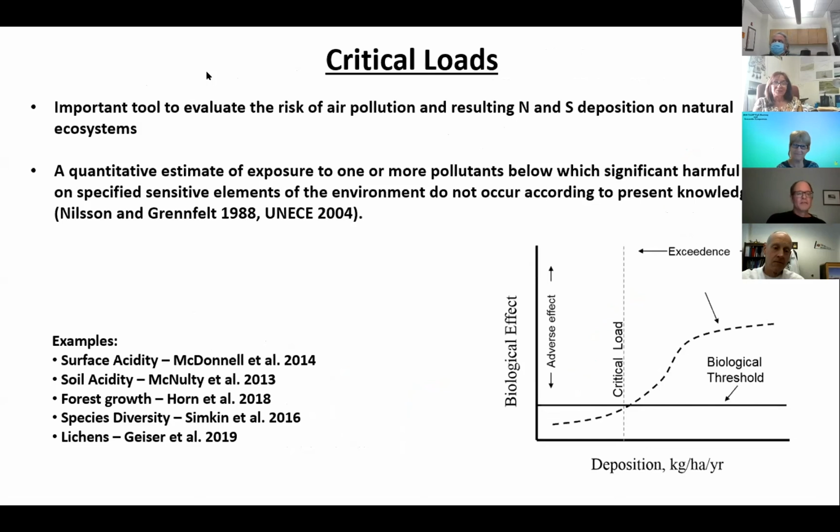Great, thank you, Selma. As Selma pointed out, I'll be talking about the case study here. But before I go into the details, I want to talk a little bit about critical loads. Critical loads, of course, are important tools to evaluate the risk of air pollution and the resulting N and S deposition on sensitive ecosystems.